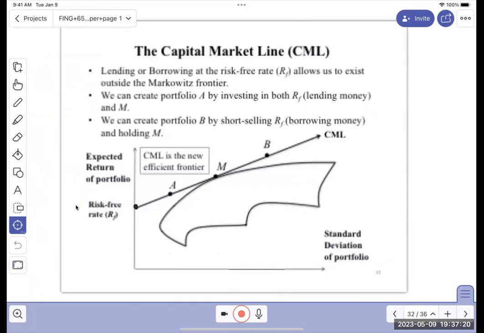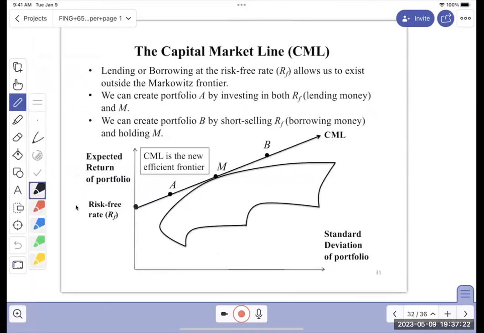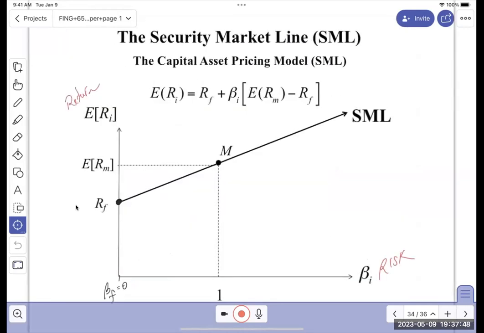Similarly here on this CML, the standard deviation of a portfolio invested, oh, I should put it as F. A portfolio made up completely of T-bills would have a standard deviation of 0, just like the T-bills' standard deviation. All right, so here is my line.